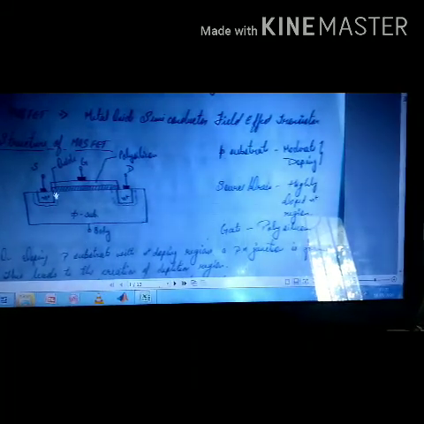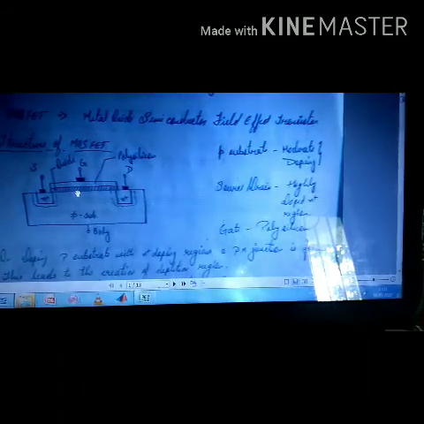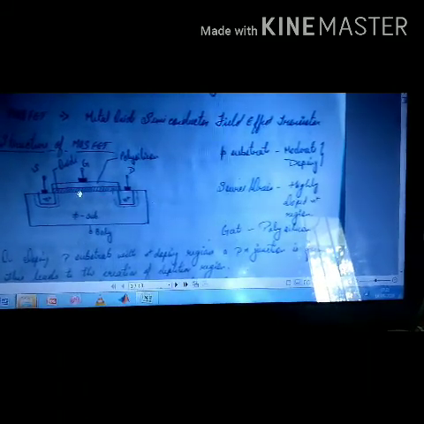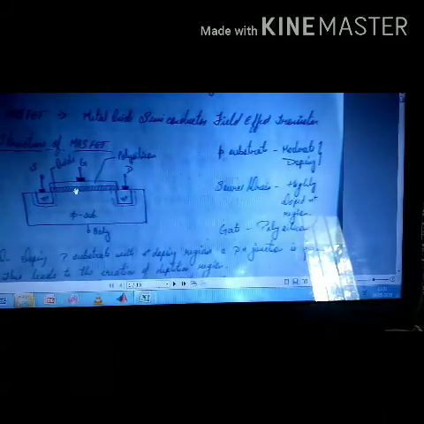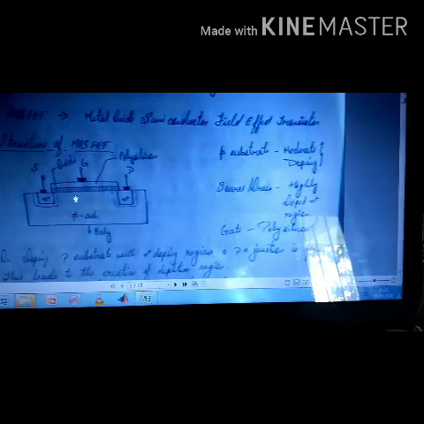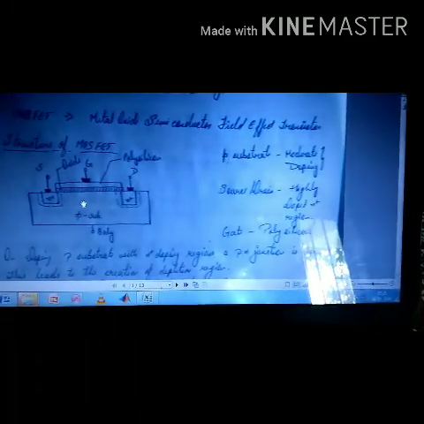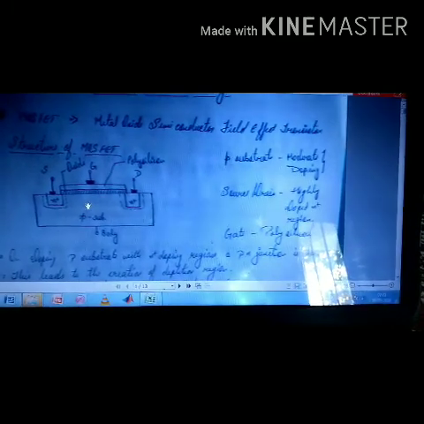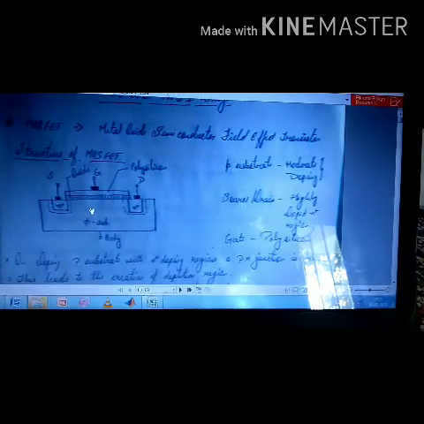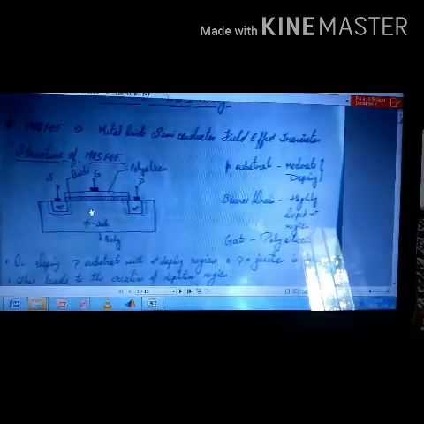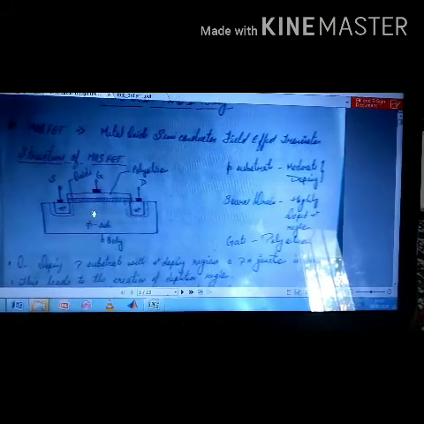The gate is separated from the main body by an insulating layer of oxide. So a metallic gate followed by an oxide dielectric material and a semiconductor body. This is what makes the structure of our MOSFET, and hence the name: metal gate, followed by oxide dielectric, and a semiconductor body.